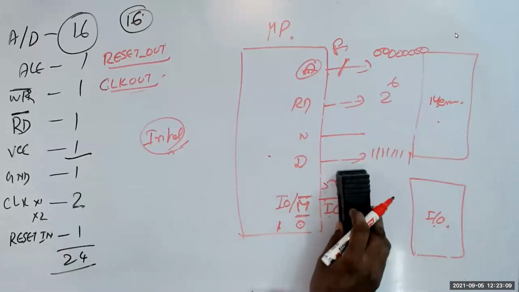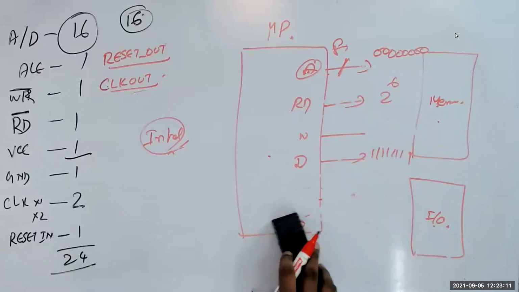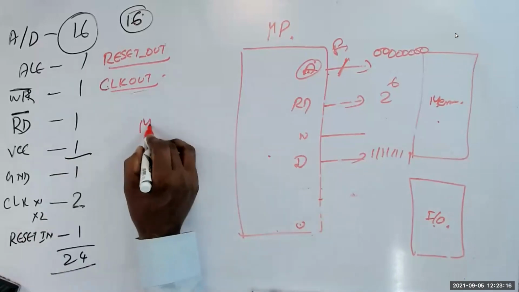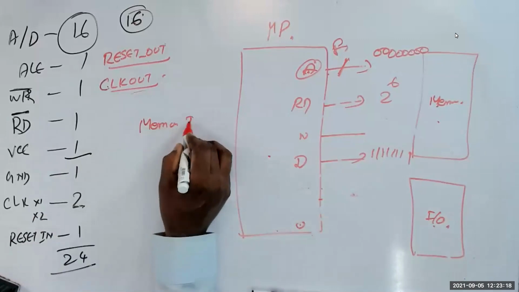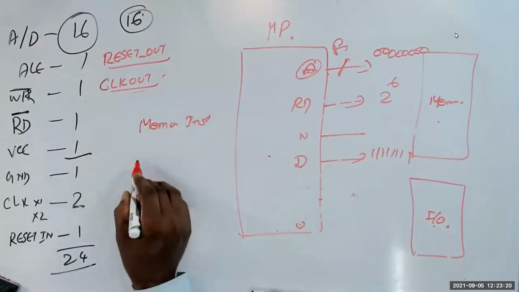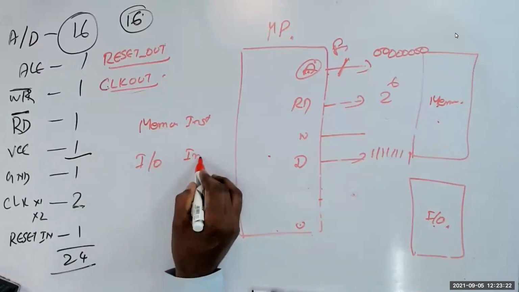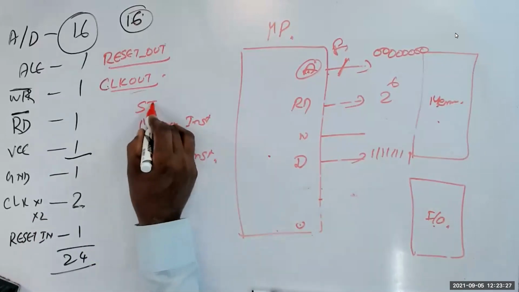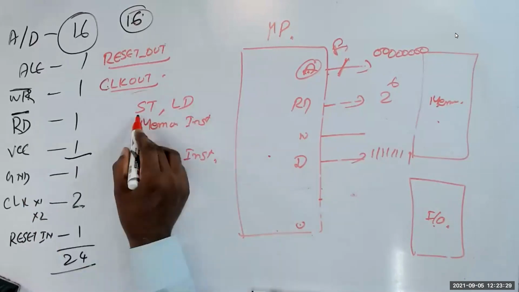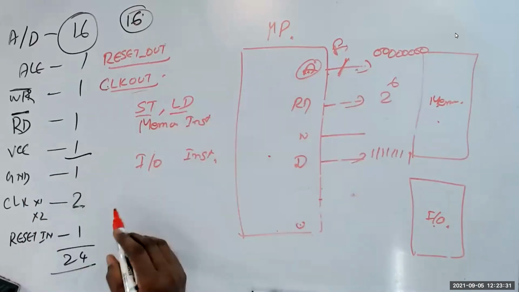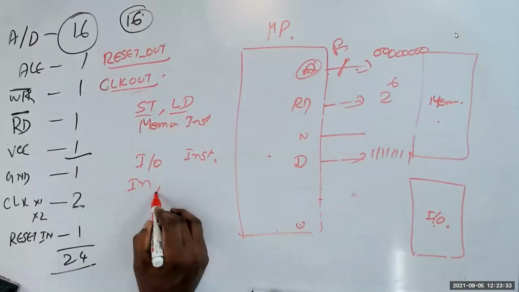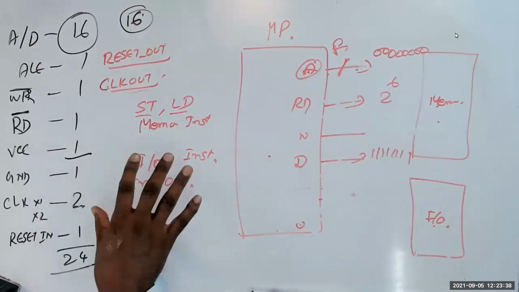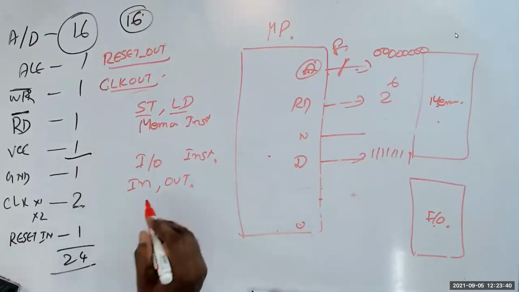So now I got two spaces. That means Intel has two sets of instructions: one is memory instructions, the other is IO instructions. Let us call them store and load, which mean memory instructions, and in and out, which mean IO instructions. We will discuss this in the next class when I discuss instructions.